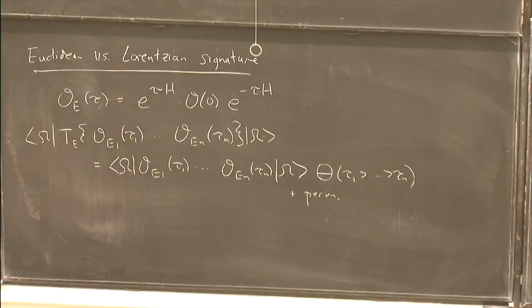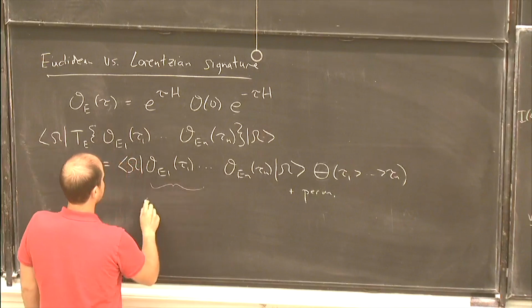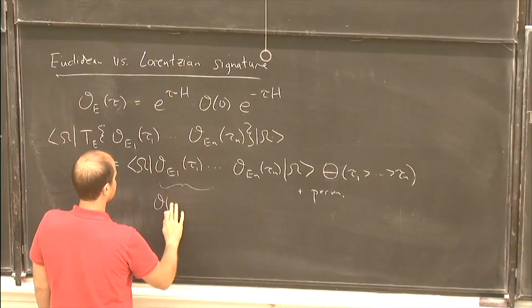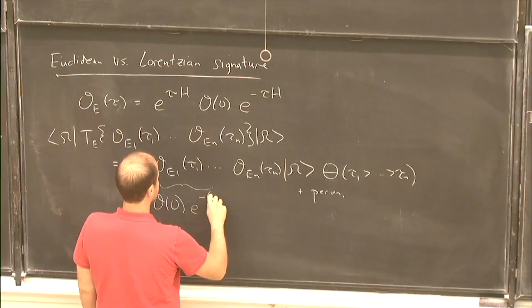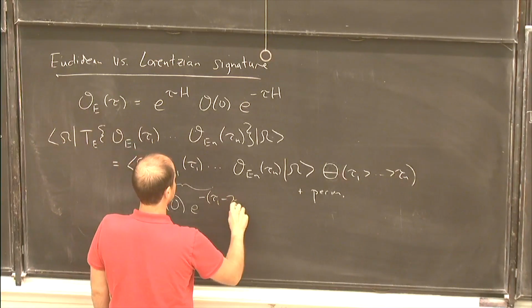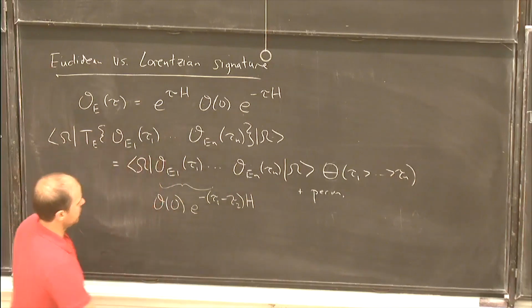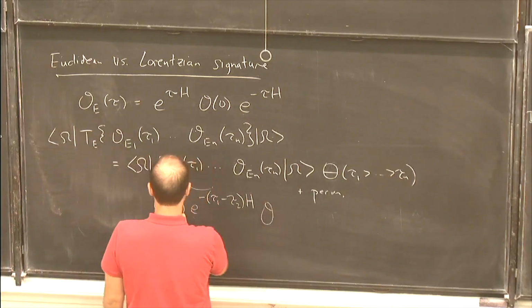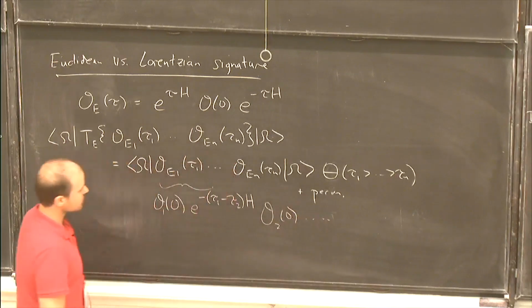And the reason that only these types of correlators make sense is that if we expand this out, it contains a term that looks like O of 0, e to the minus (tau 1 minus tau 2) times H, and then O of 0. So O1 of 0, O2 of 0, and so on.